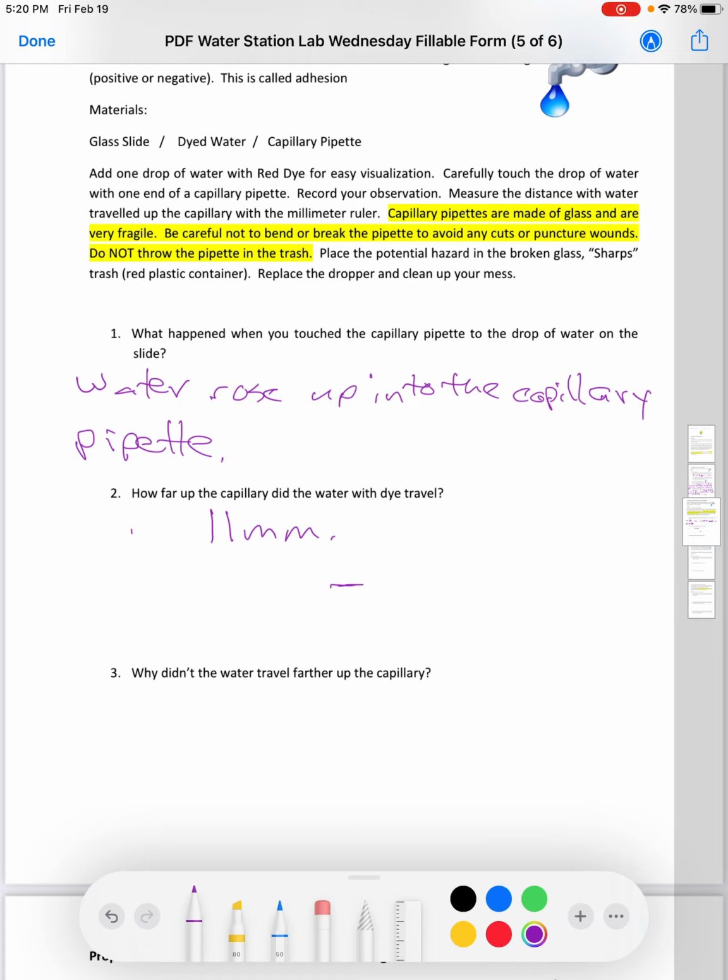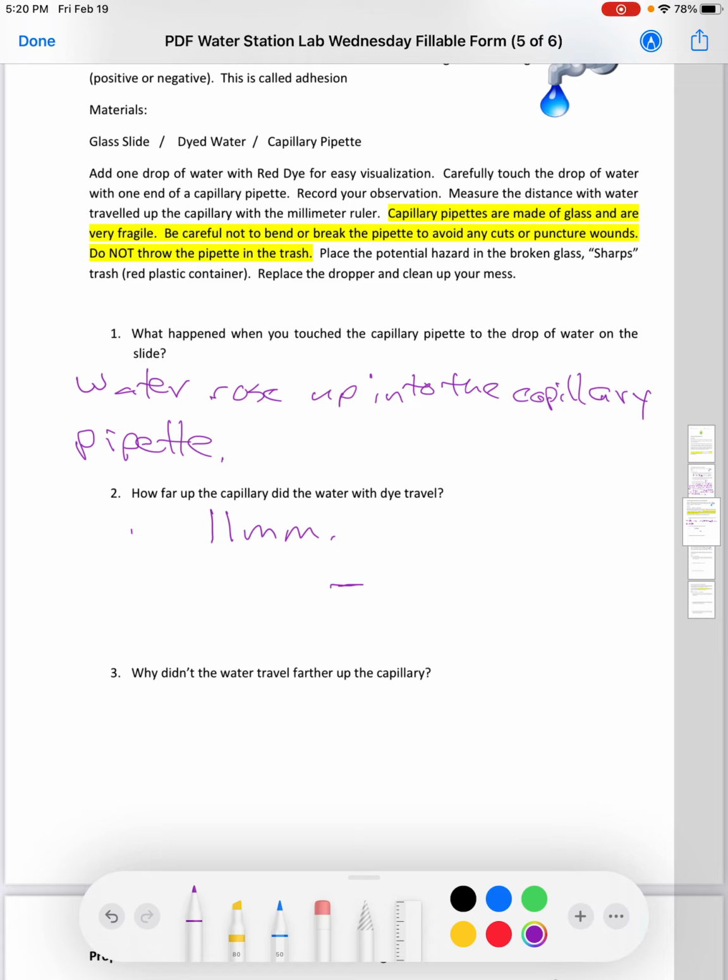It wasn't pumped up, it wasn't sucked up, nothing happened except that the water just rose up in the capillary, and that's because it was adhering to the side of the glass, and it was cohesive with its own water molecules, or with other water molecules, and so pulled them along.